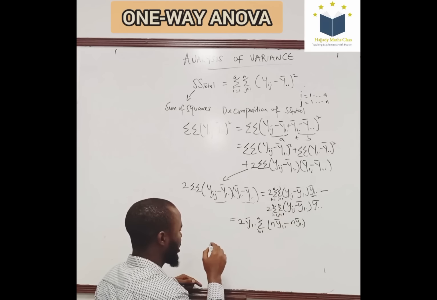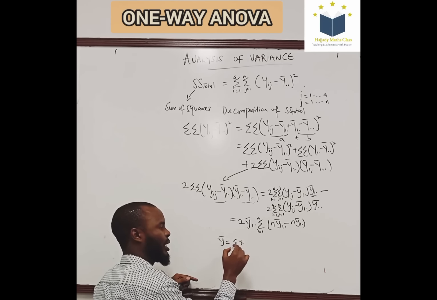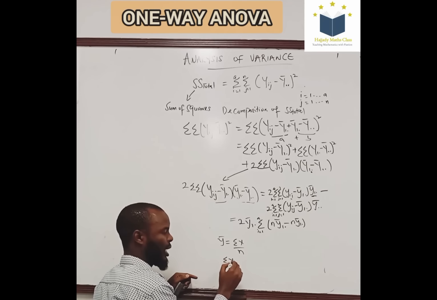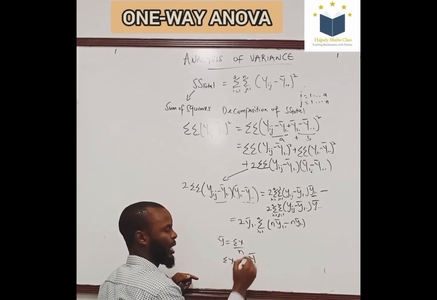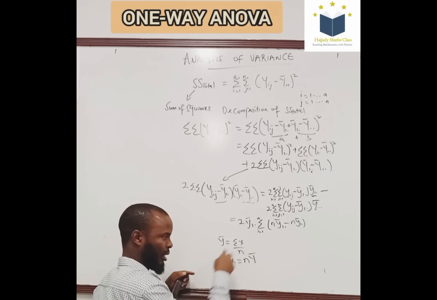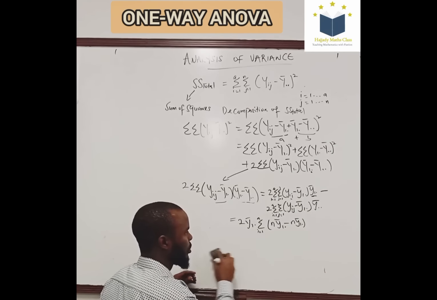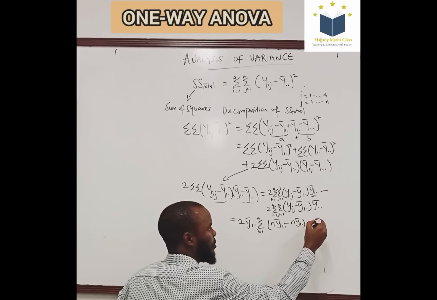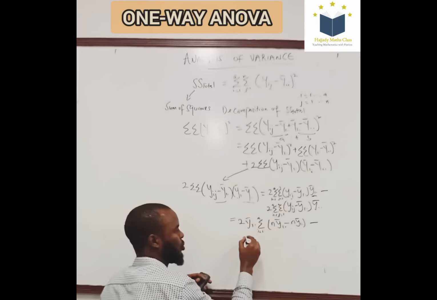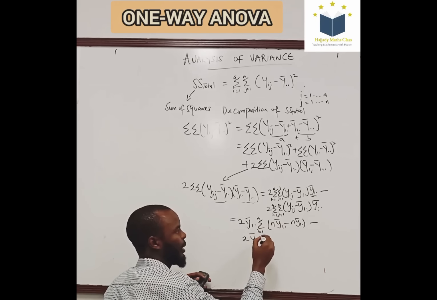Don't forget that mathematically y bar is the same thing as summation x over n. Right? That is summation x equals n y bar. We have this mathematically. So this is what I'm making use of here. So minus this denominator, I have 2 y dot bar.